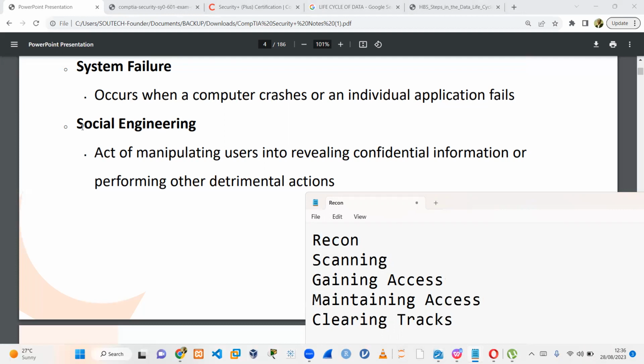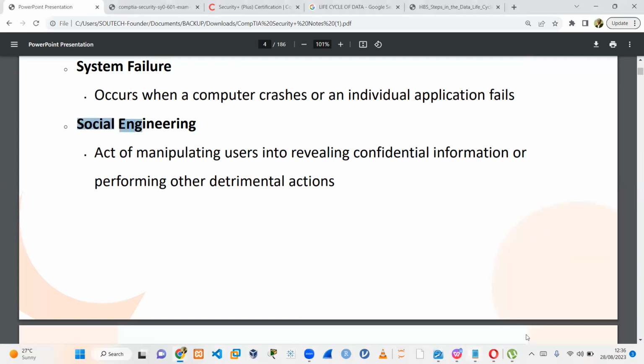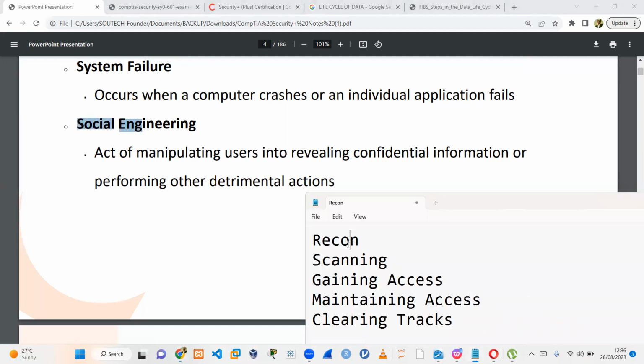Now, where does social engineering come in? It comes in at the first stage.